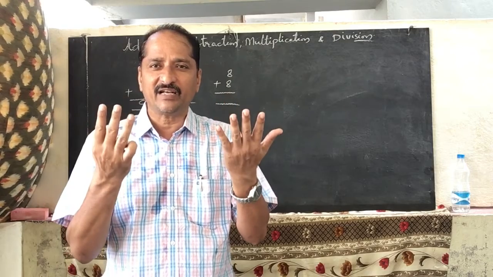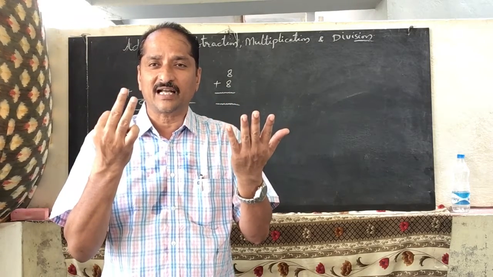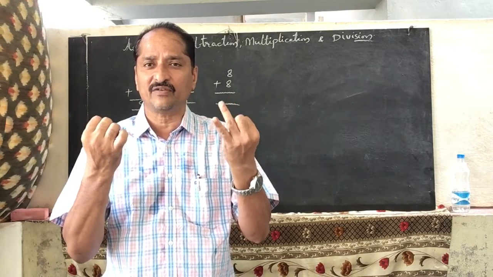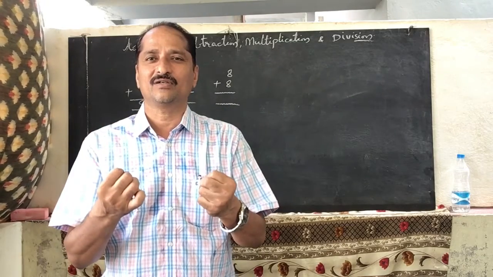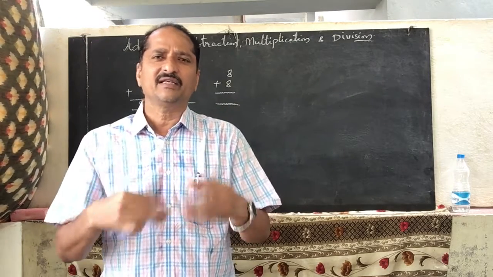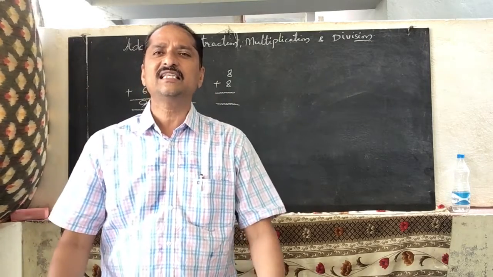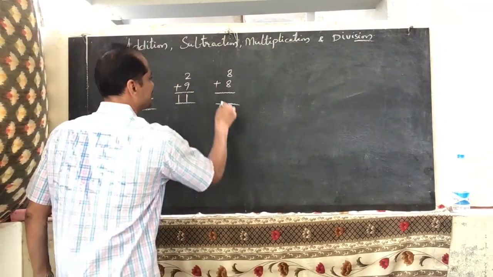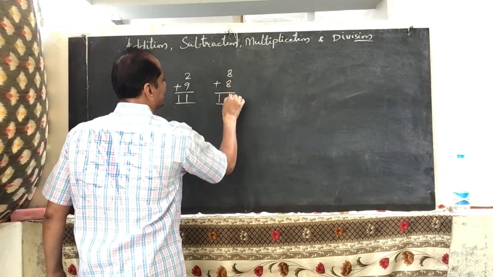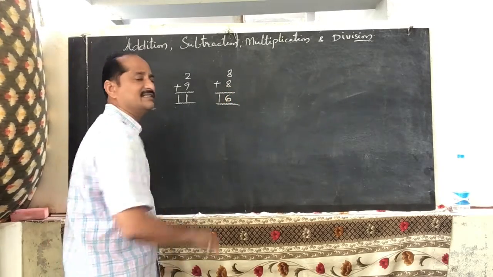Take 8 fingers and count after 8: 9, 10, 11, 12, 13, 14, 15, 16. Like this you have to count. Understand? By taking more examples with your teacher, you will get addition easily. So 8 plus 8 is 16. In 16 you have to write 6 under the ones place and 1 is carried here.